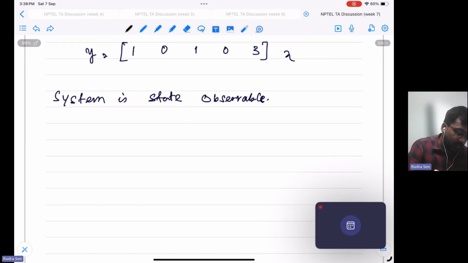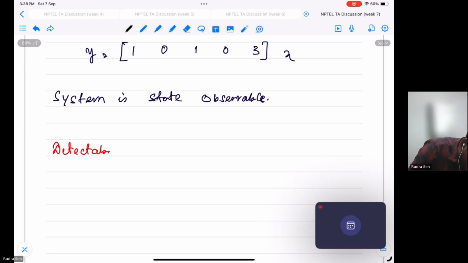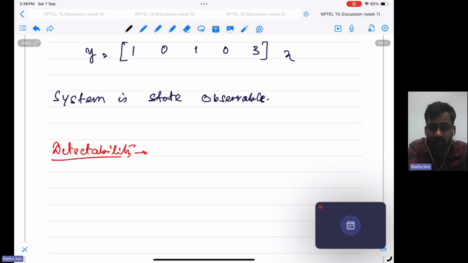The next thing is detectability. We have already seen that in case of controllability there is a weaker condition which is called stabilizability. It says that if our system is not fully controllable, that does not mean we cannot design any controller.